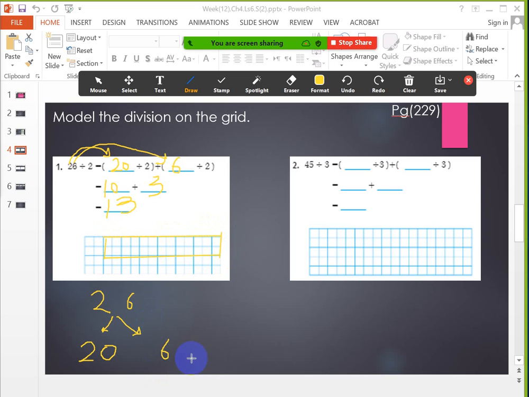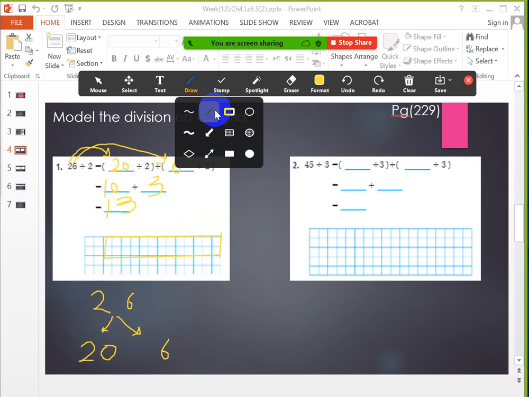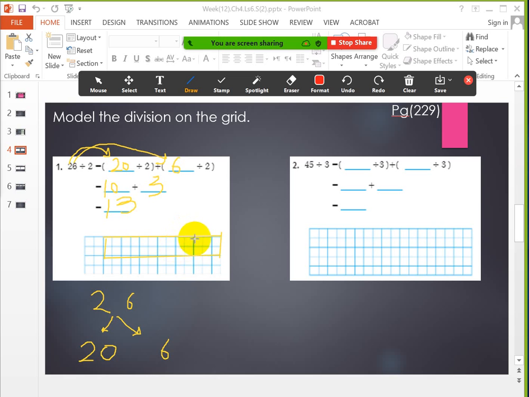Try to divide it in your book and use a ruler to divide the number into two numbers, 6 and 20. Okay? If you want to draw a model, it's up to you, girls. If you understand how to do it without drawing a model, that's fine.